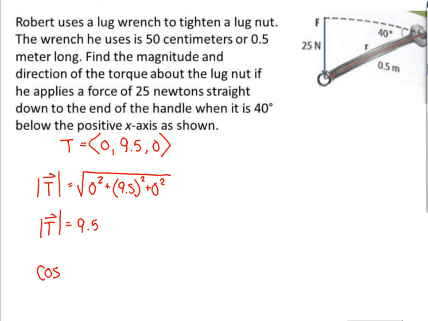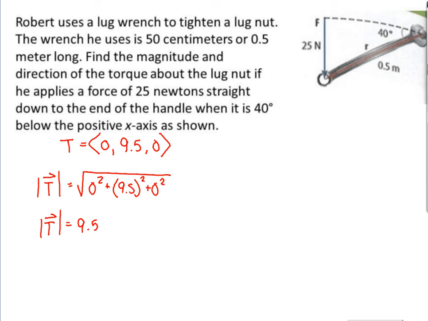Remember, when you're looking for an angle, the cosine of theta is equal to a dot b over the magnitude of a times the magnitude of b, or in this case, because it is just one vector, we know that since we only end up with a value in the y, the direction has to be parallel to the y-axis and it must be positive.